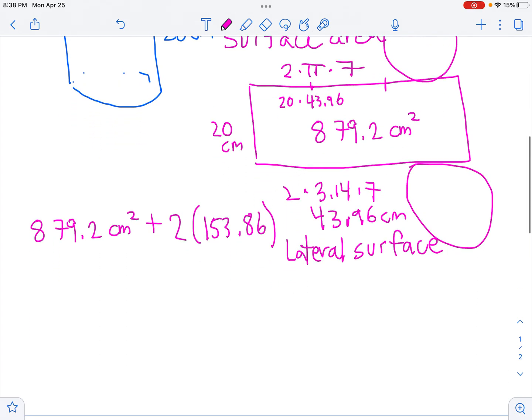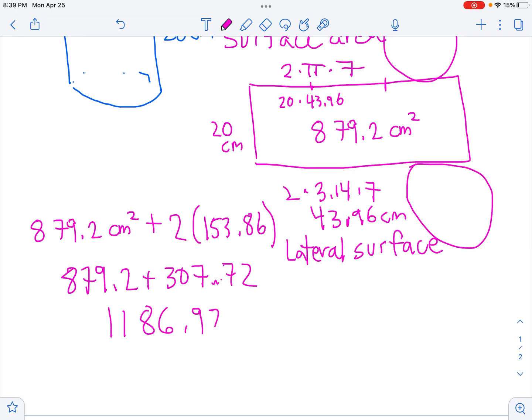And if you do that, you get 879.2 plus 307.72, and you add those together, you get 1,186.92 centimeters squared. And that is the surface area. So let's highlight that.